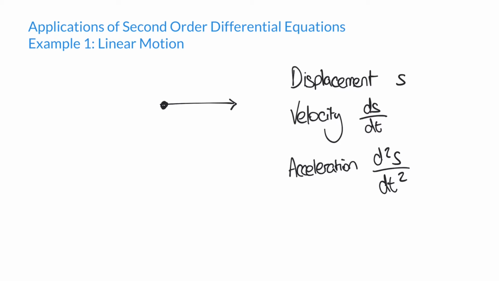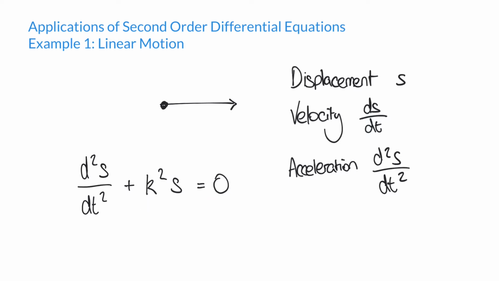So let's suppose we have an object that's moving in a straight line, and let's say that its motion is expressed by this second order differential equation here. We've got d squared s by dt squared plus k squared s is equal to 0.